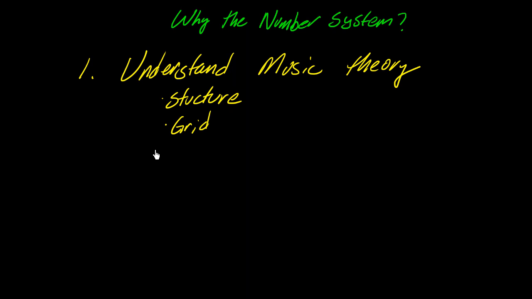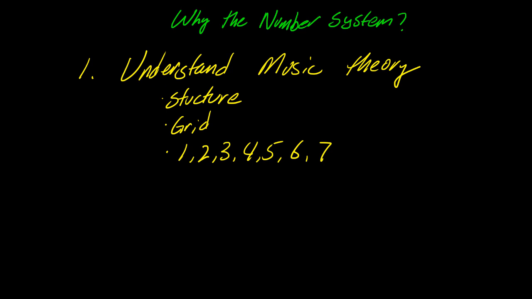And that's what the numbers are. I don't want to go too much into this, but that's exactly what 1, 2, 3, 4, 5, 6, 7, and back to 1, or 8, sometimes they call it, but it's the same as 1. But this is basically structure. It's the major scale, the interval system that will give you enough to understand music theory.